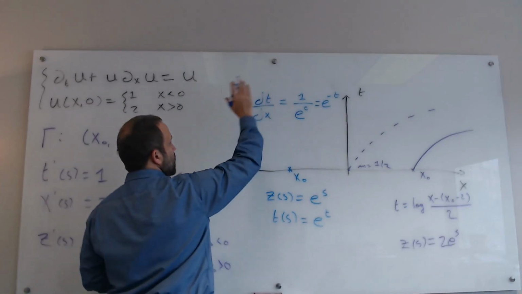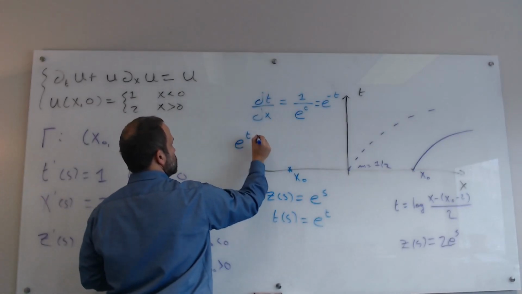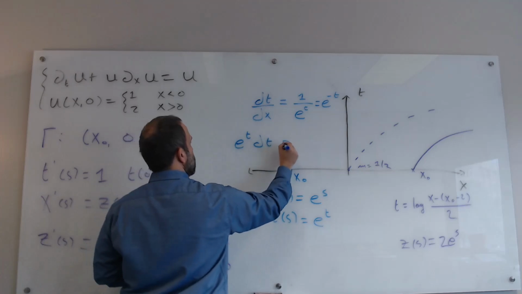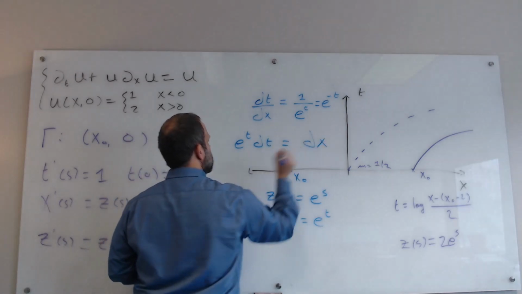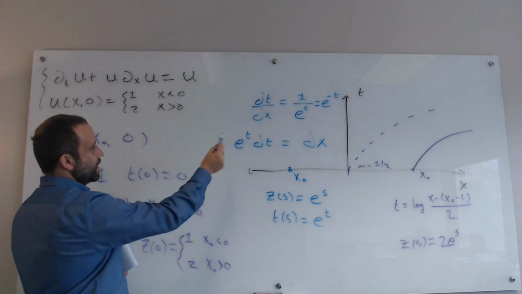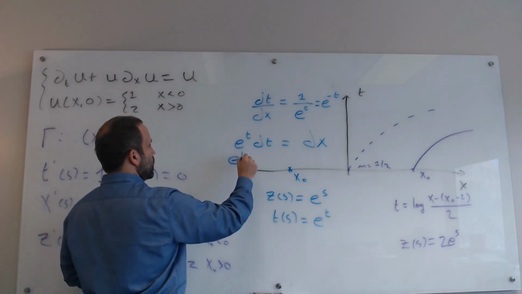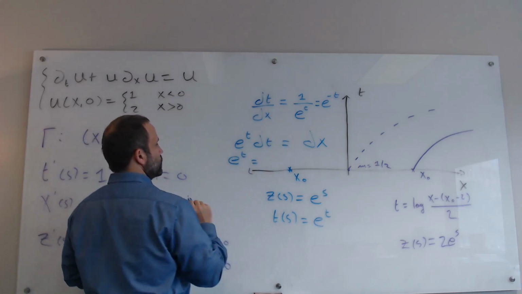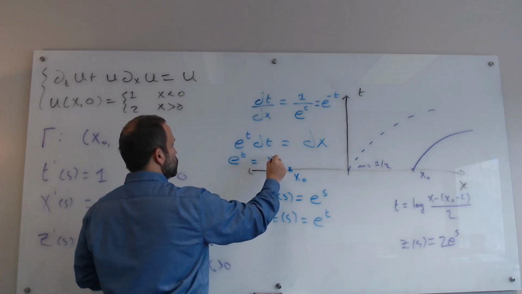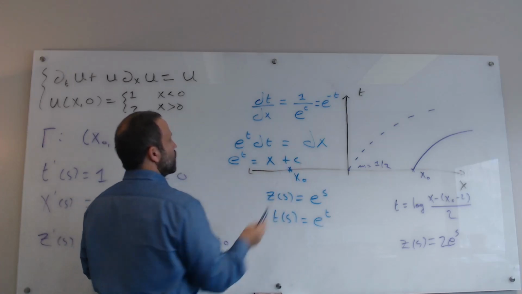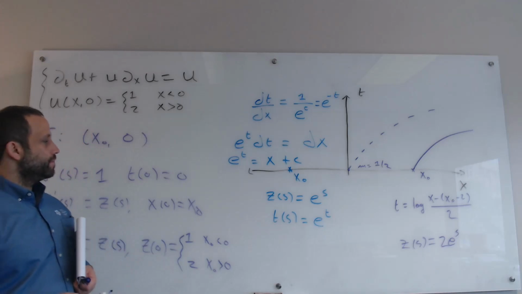If I multiply e to the t to both sides, it's e to the t dt equals dx. If I anti-differentiate over here, I get e to the t. If I anti-differentiate over here, I'm going to get x plus c.